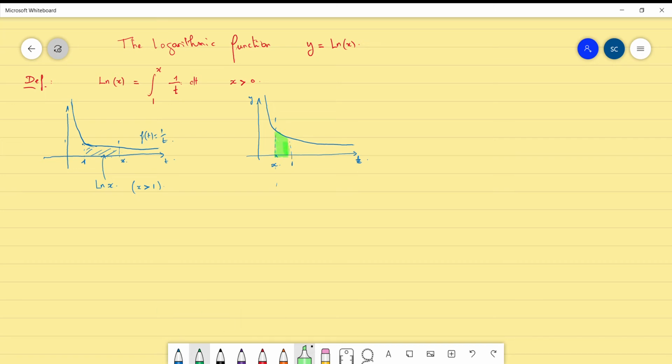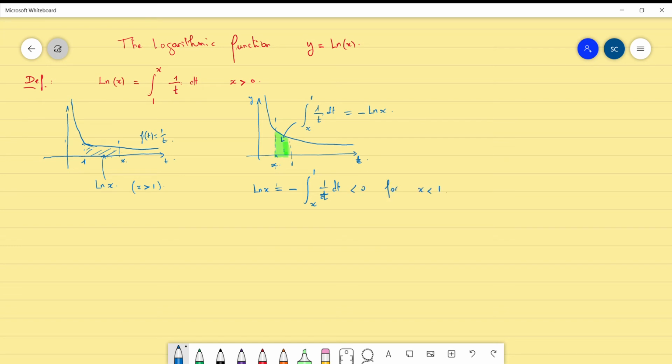The value of this quantity this time is the integral from x to 1 of the function 1 over t dt. So it is the opposite of ln. That is, this quantity is positive, then ln will be minus. So here ln x is minus the integral from x to 1 of dt over t, which is negative for x less than 1.